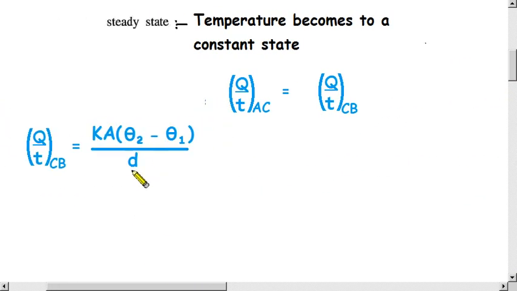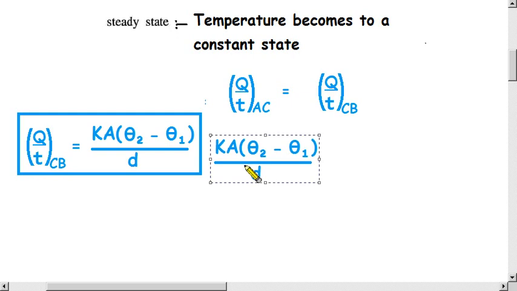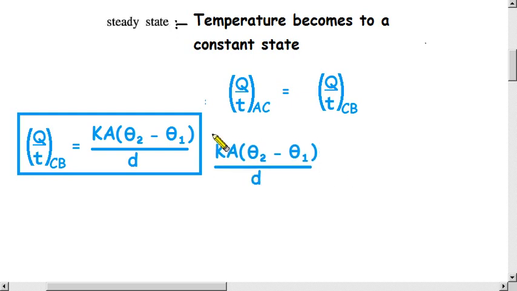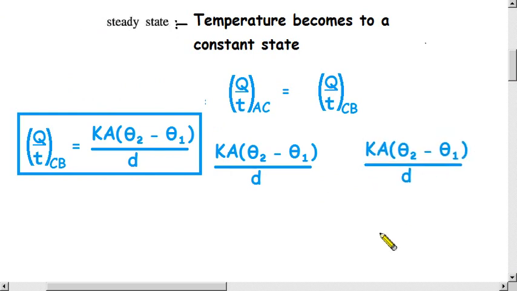If you have forgotten, you must remember this equation. So if the left sides are equal to each other, we can equate the right sides too, like this, for these two rods.